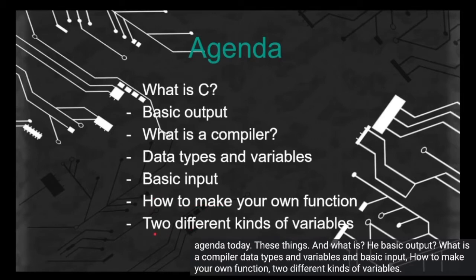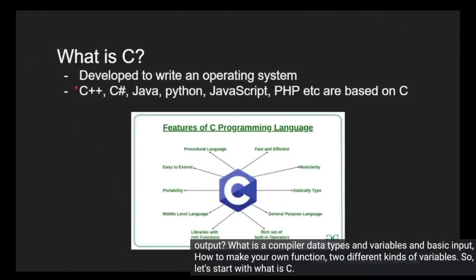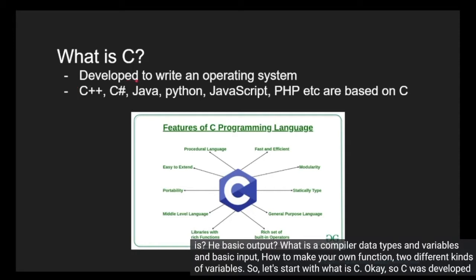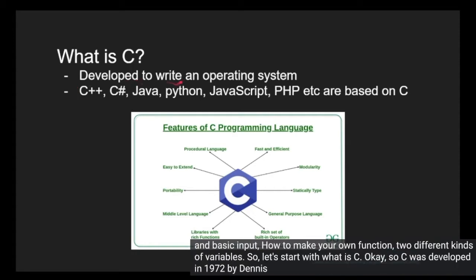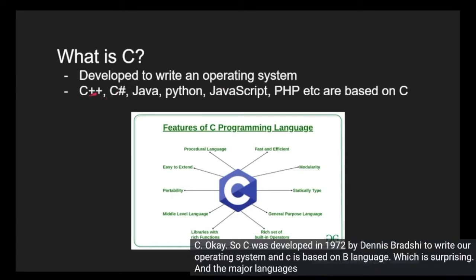So let's start with what is C. Okay, so C was developed in 1972 by Dennis Ritchie to write an operating system. And C is based on B language, which is surprising. And the major languages like C++, Java, Python are all based on C.